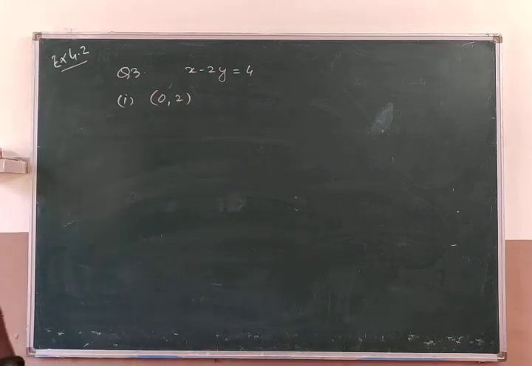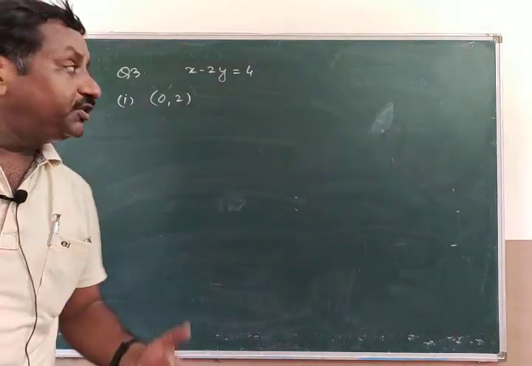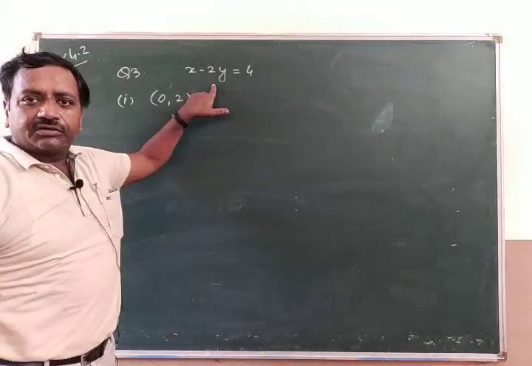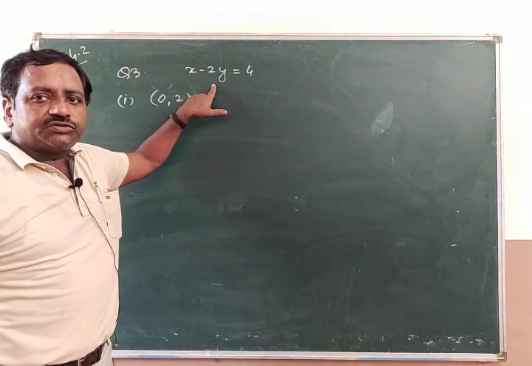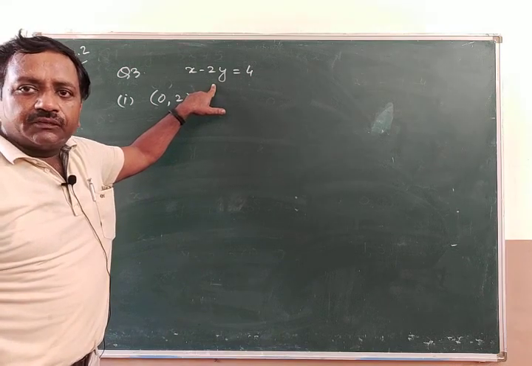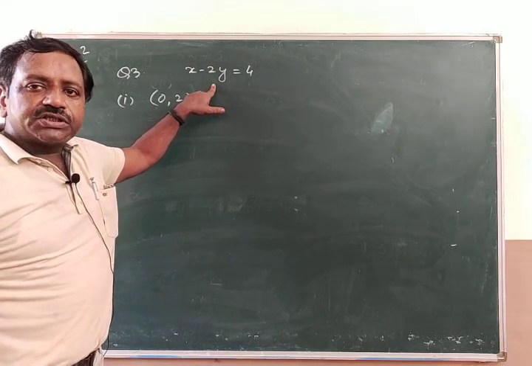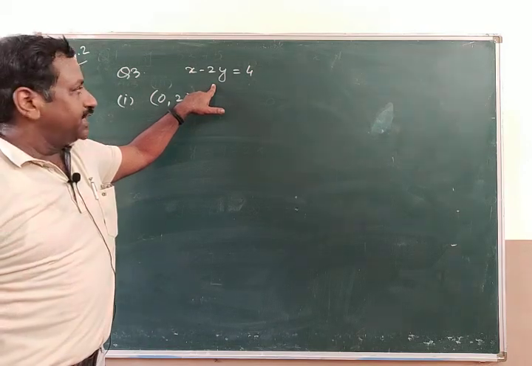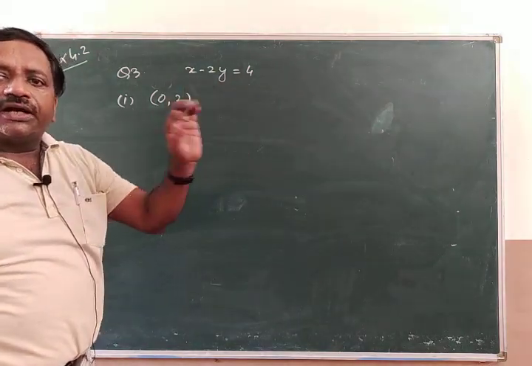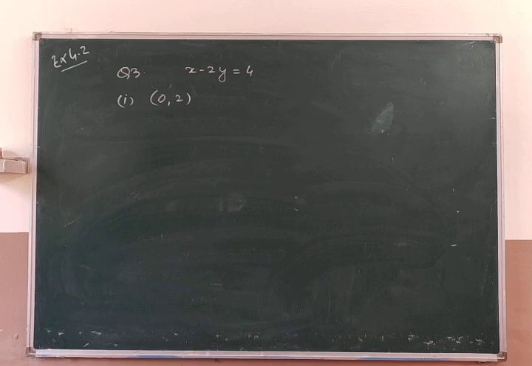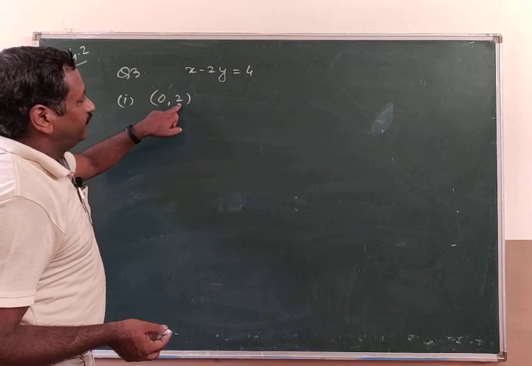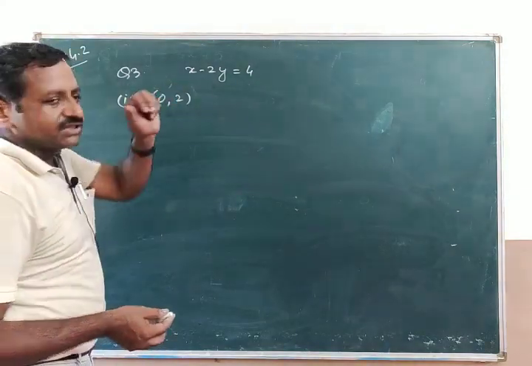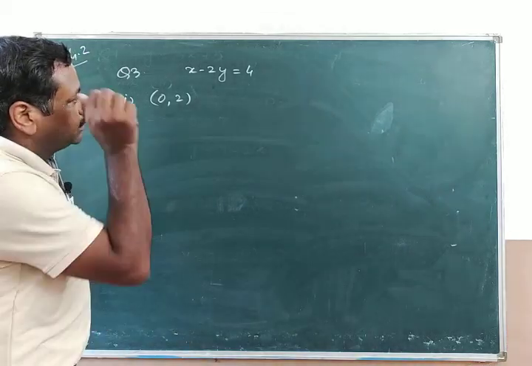In this question we need to decide whether this is the solution of this equation or not. We know the values of variables which satisfy the equation, that means left hand side equal to right hand side, that is called a solution, otherwise it will not be a solution of the equation. So what we will do, in place of x we will put 0, in place of y we will put 2, and then we will check whether the left hand side becomes equal to the right hand side or not.